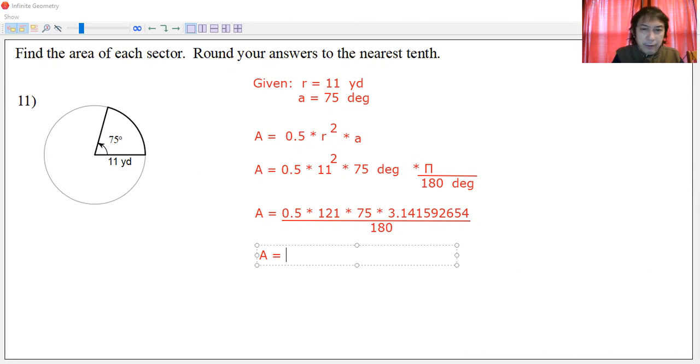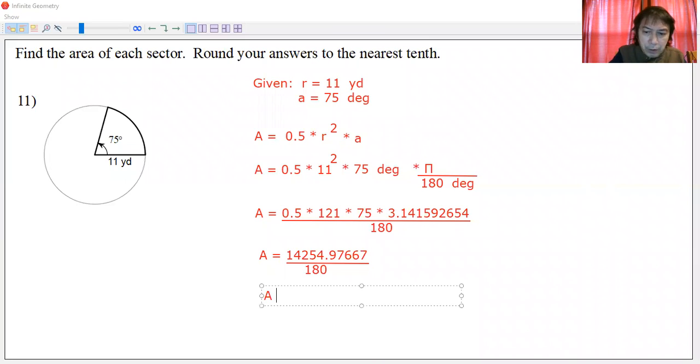So let's multiply 0.5 times 121 times 75 times pi. The number will be 14,254.97667, to be divided by 180.